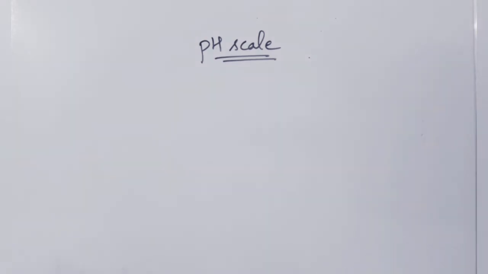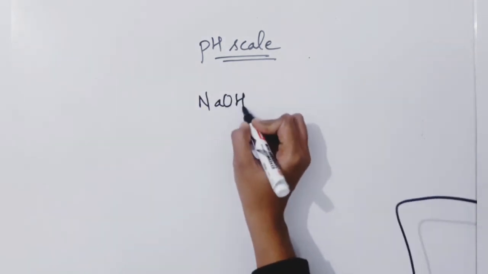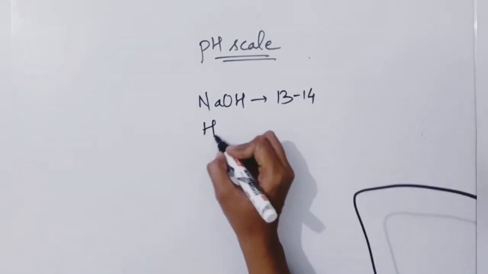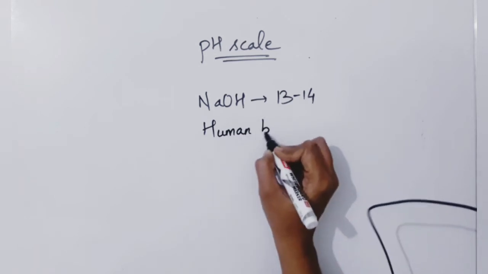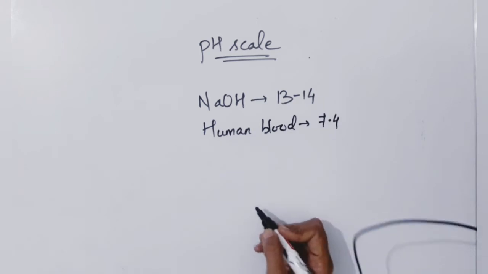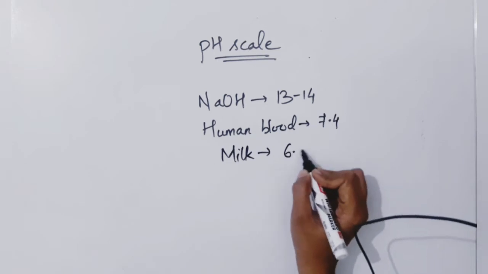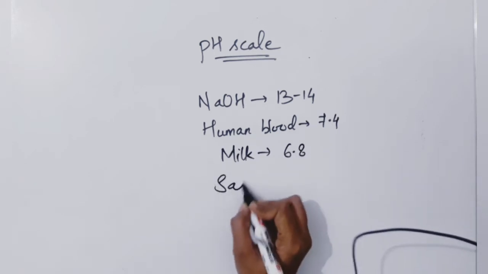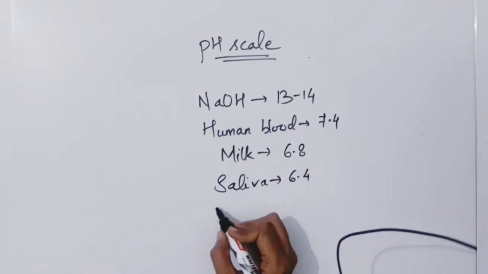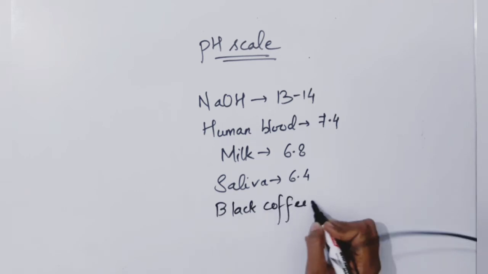Now some common substances and their pH. Bases like NaOH will have a pH range of 13 to 14. Then human blood has a pH of 7.4, it is slightly alkaline. Milk is slightly acidic, it is 6.8. Saliva 6.4. Black coffee has an acidic pH of 5.